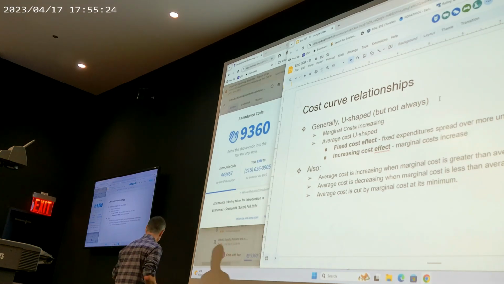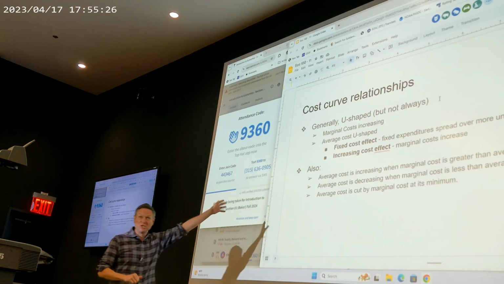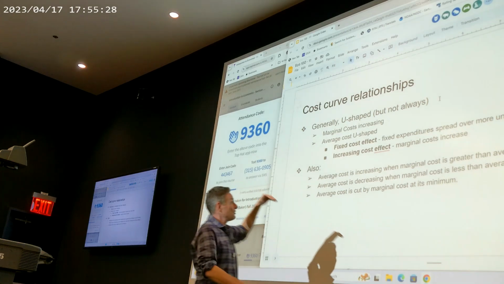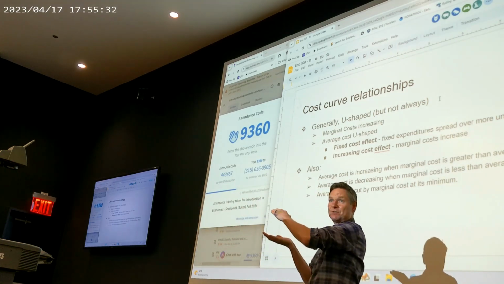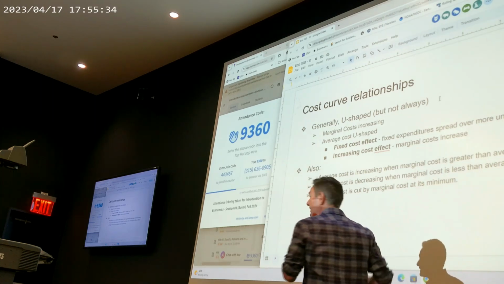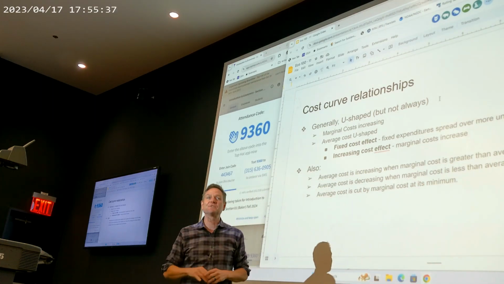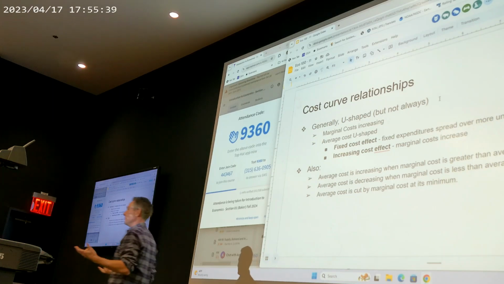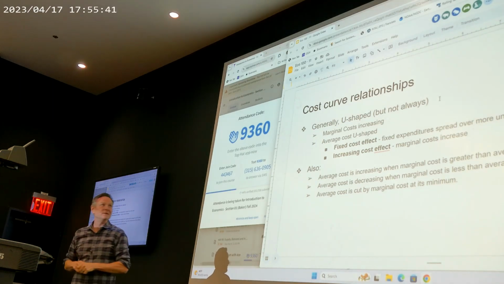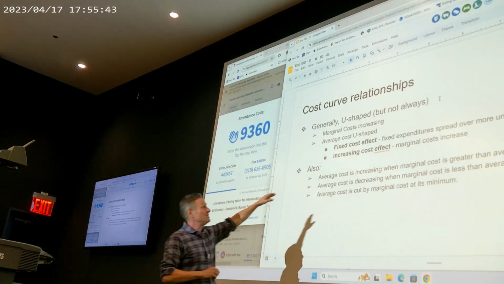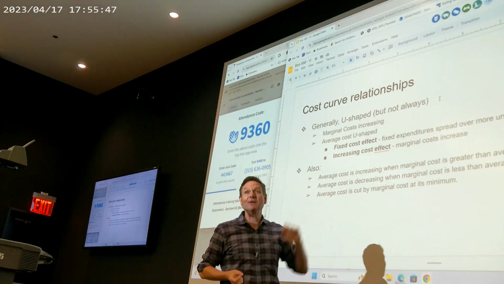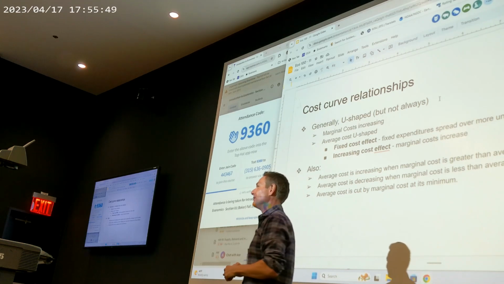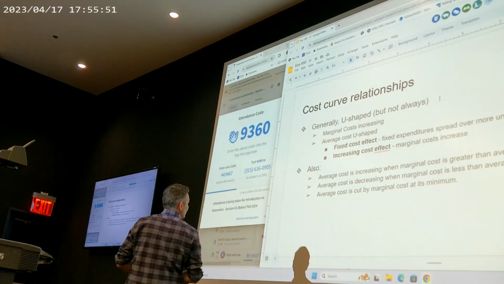And we had this interesting geometric fact that average cost should be increasing when marginal cost is greater than average cost. I've called that the cat effect, right, after Karl-Anthony Towns, if you remember our thought experiment with average heights in the classroom. Average cost should be decreasing when marginal cost is less than average cost. I've called that the DeVito effect, right, the Danny DeVito effect, once again with average heights.